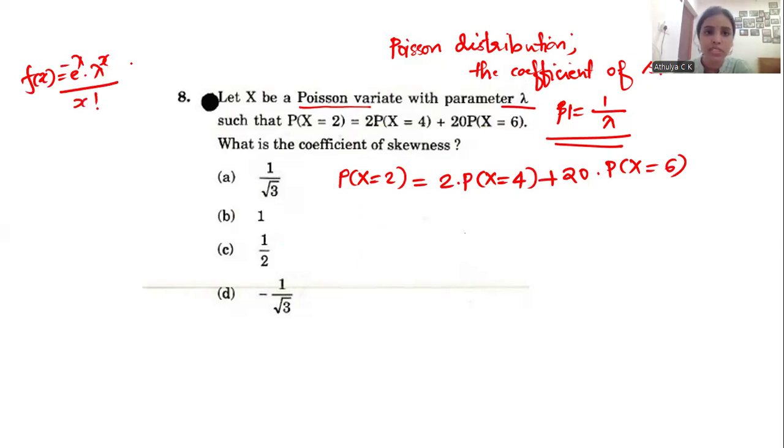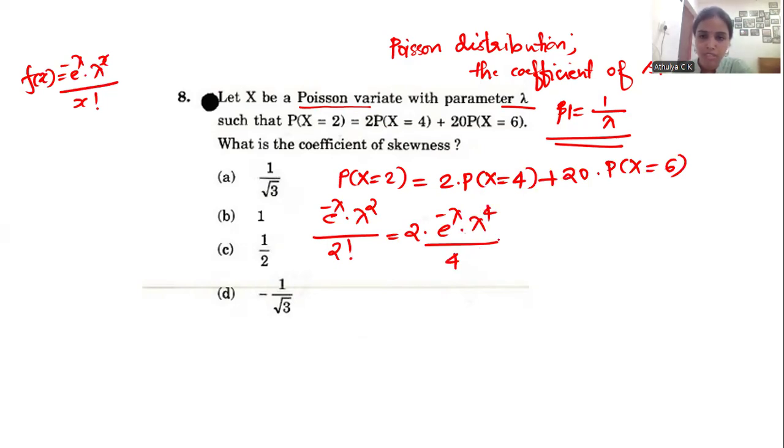So we'll substitute x with the given values. We write it as e raised to minus lambda into lambda square divided by 2 factorial, which is equal to 2 into e raised to minus lambda into lambda raised to 4 divided by 4 factorial plus 20 into e raised to minus lambda into lambda raised to 6 divided by 6 factorial, right?